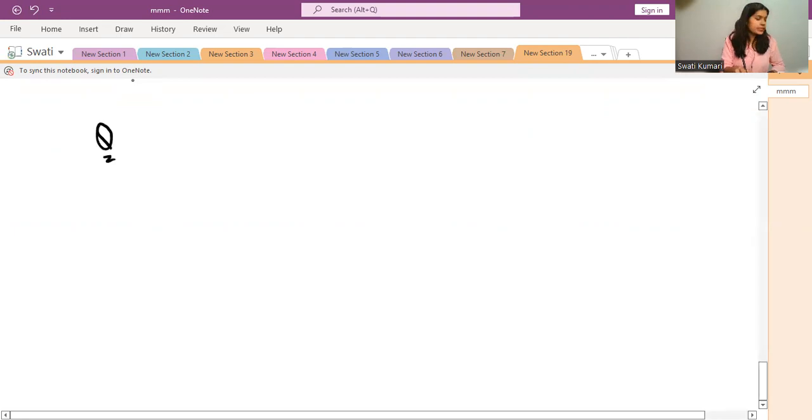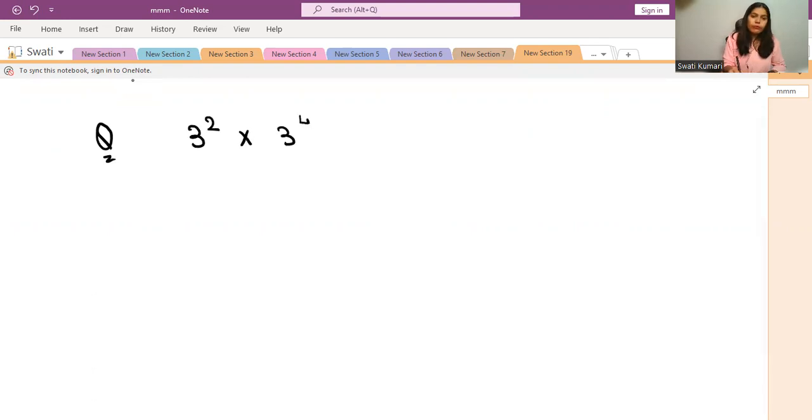So the question is, what's the value of 3 raised to 2 into 3 raised to 4 into 3 raised to 8? I don't want the answer in the exponent form. I want you to use a property here, solve it as a power, and then also solve that part and give me that answer in the comment section.